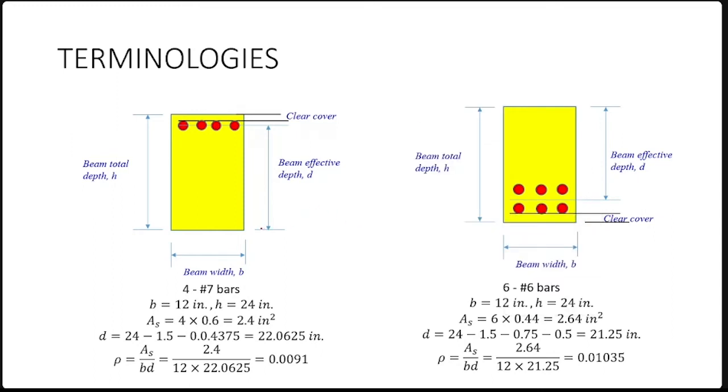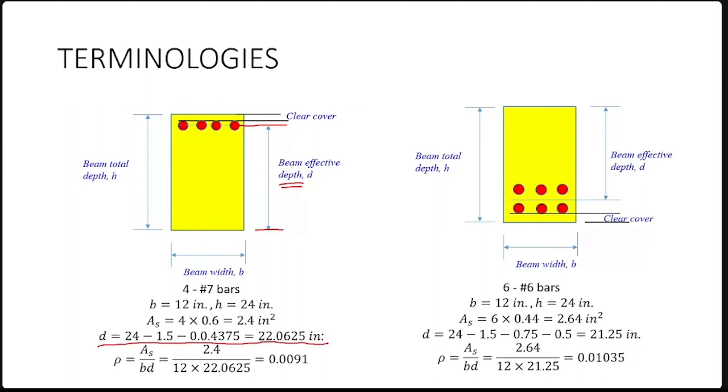The effective depth starts from the bar centroid. 4 bars are placed in a row, so centroids are here. From the bar centroid to the opposite side of the beam. So effective depth is calculated here.